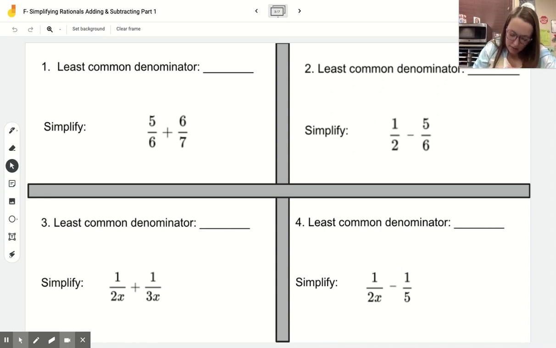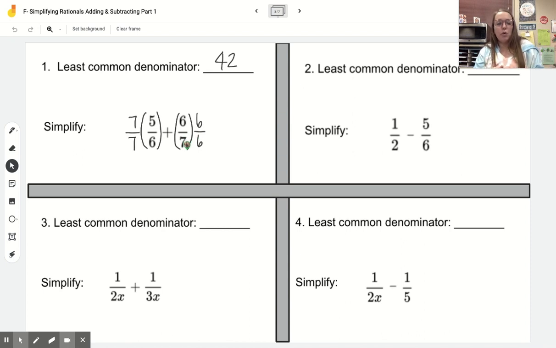So in order to make these denominators both 42, I'm going to multiply the left one by 7, and I've got to do that on the top and the bottom. And I'm going to multiply the right one by 6 on the top and the bottom, so that on each bottom one, I get 42.